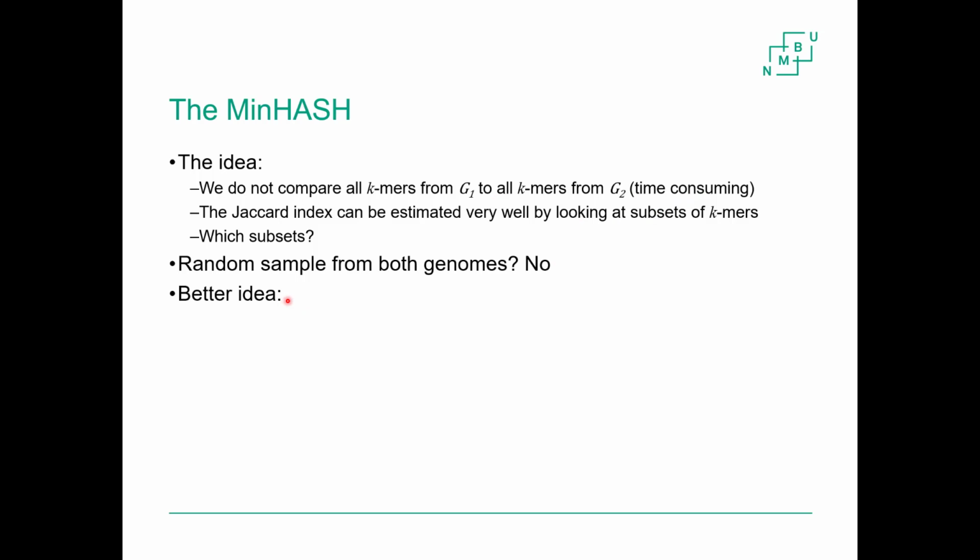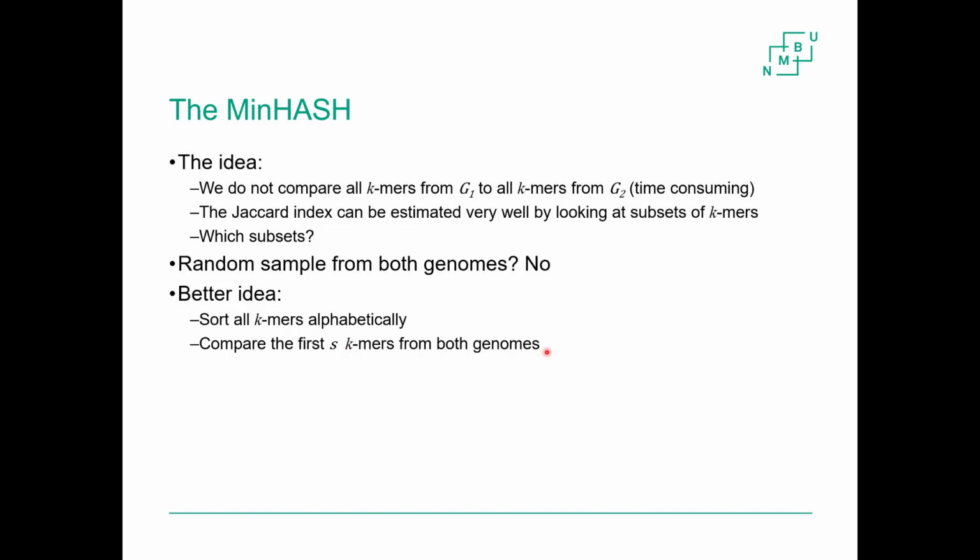The much better idea goes like this. Sort all the K-mers, for instance, alphabetically. Sort them alphabetically, and then only compare the S first K-mers from both genomes. So you sort all the K-mers in both genomes first, and then you compare only the subset of size S, the S first K-mers from both genomes.